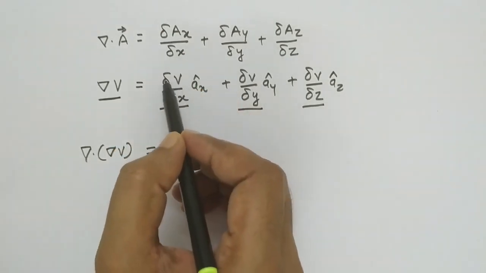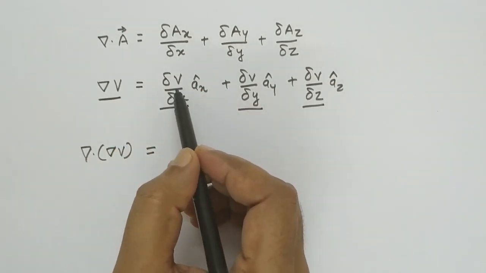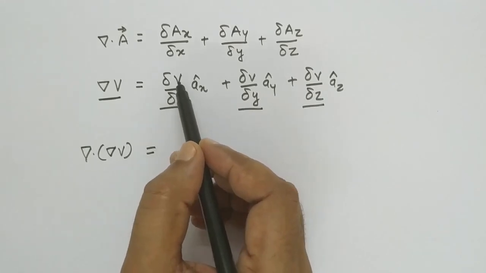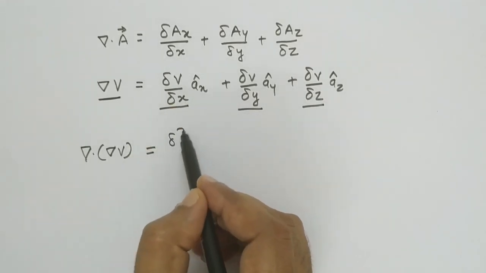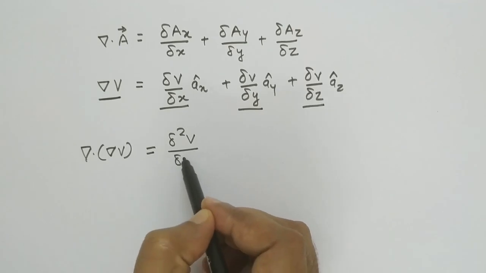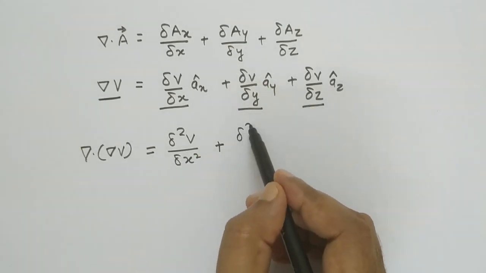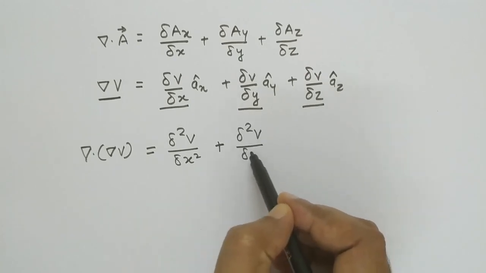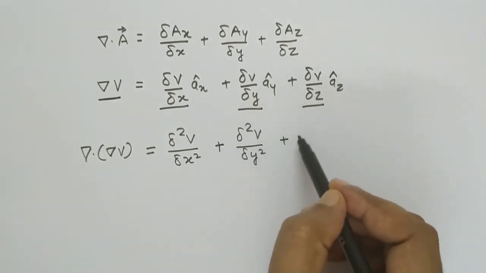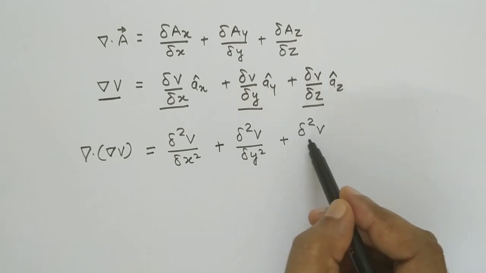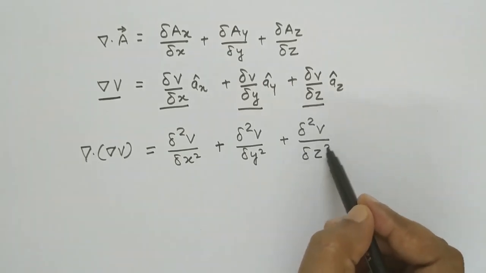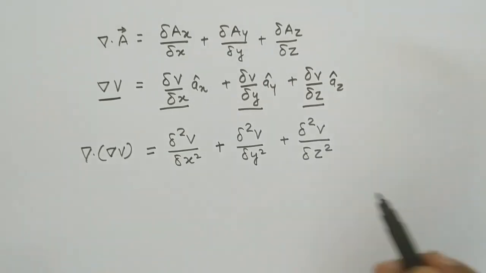So del by del X of del V by del X. So we are doing partial derivative 2 times. So it is del 2V by del x square plus del 2V by del y square plus del 2V by del z square.